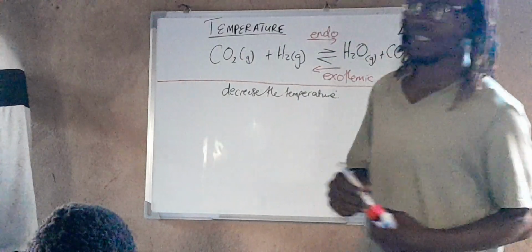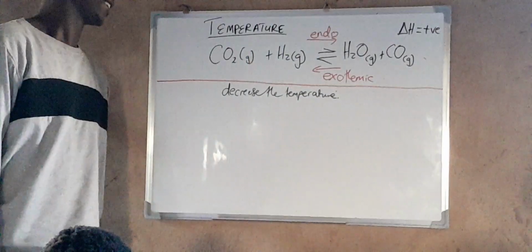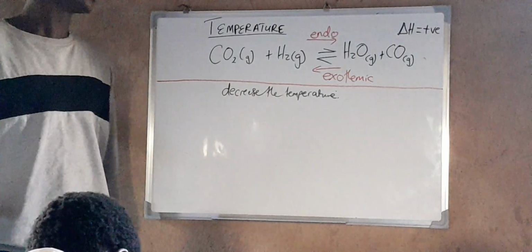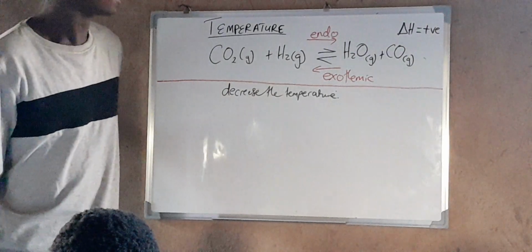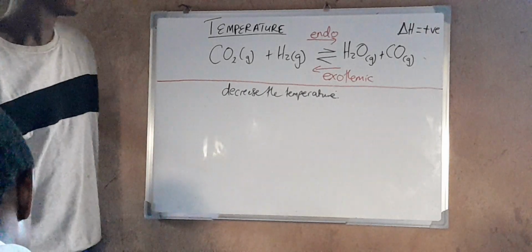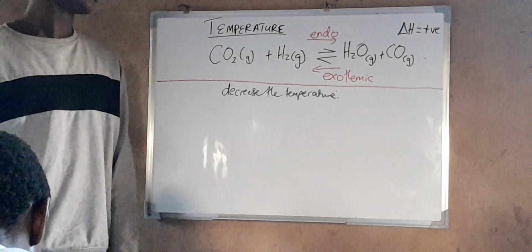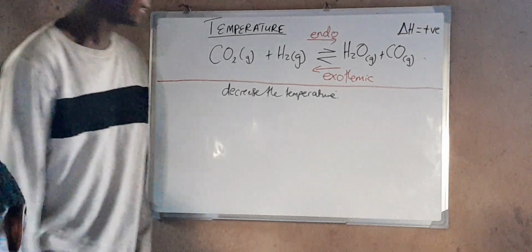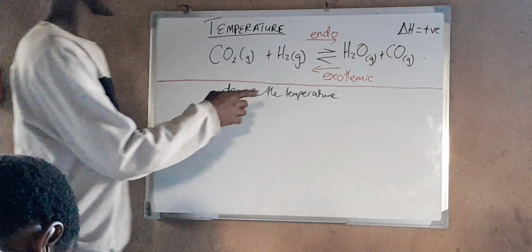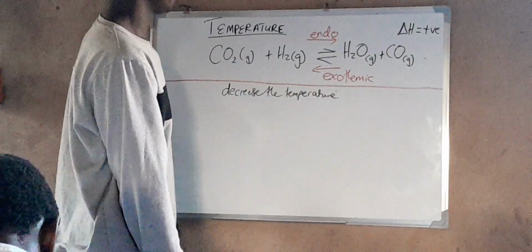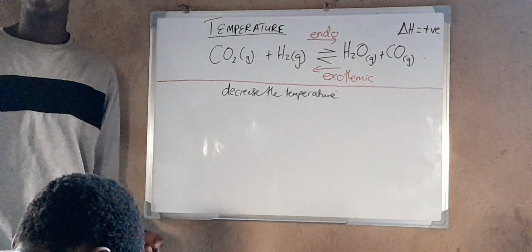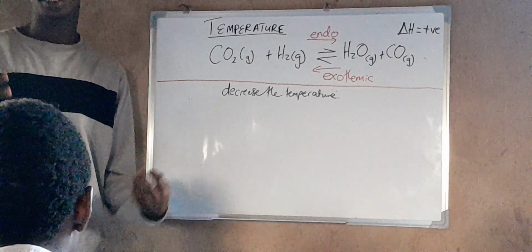If we decrease the temperature in the system, according to nature, the system will try to oppose it. Decreasing it is decreasing heat.